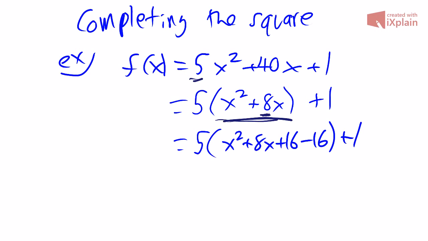Notice that it was done inside the parentheses because we still have the 5 factored out. The reason why we did that is because now we know that this piece right here is just x plus 4 squared. Now I have this minus 16.